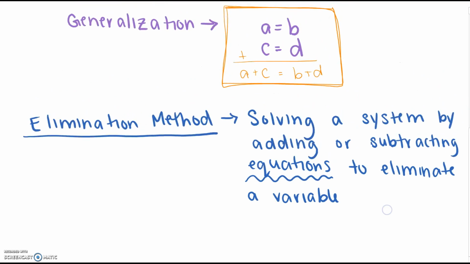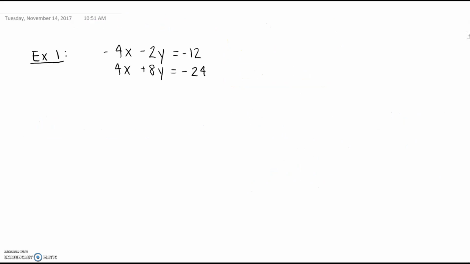So it's this principle. So we're going to start with an example. Negative 4x minus 2y equals negative 12, and 4x plus 8y equals negative 24.